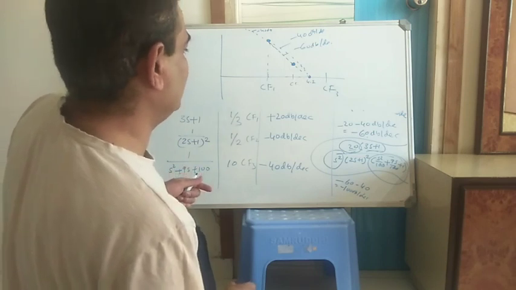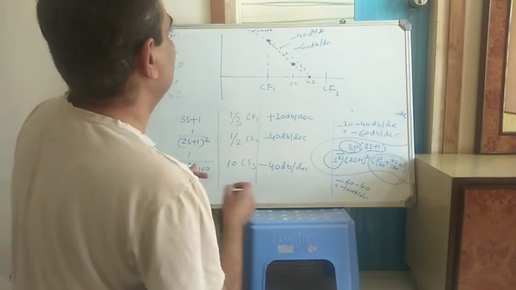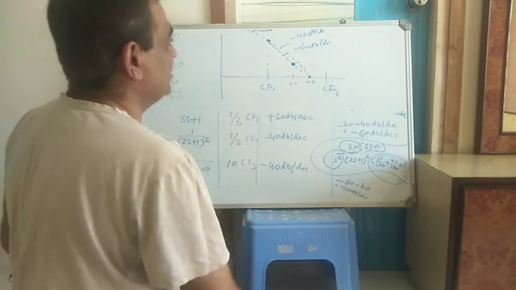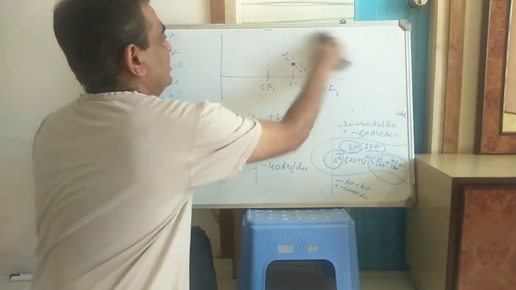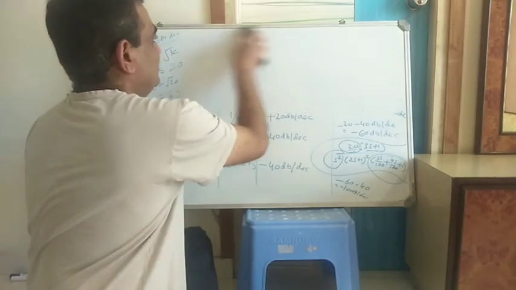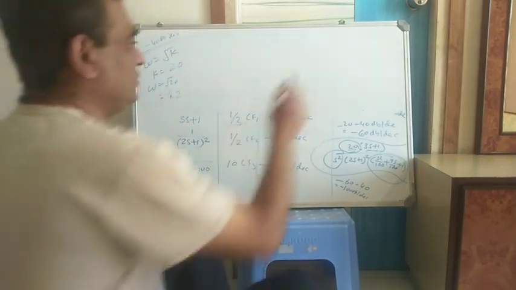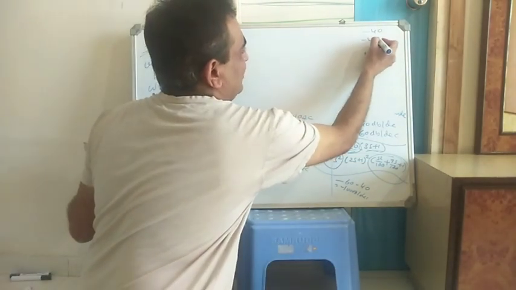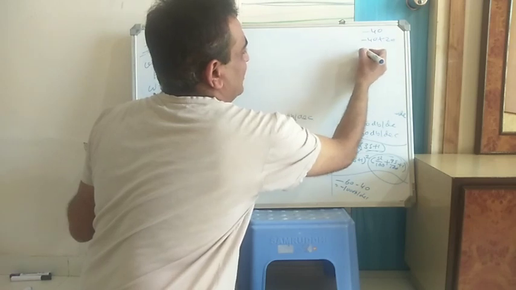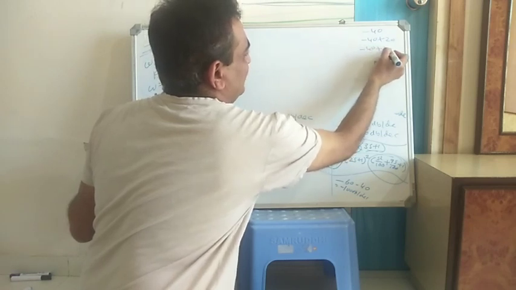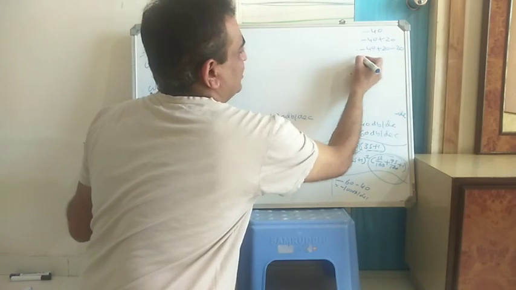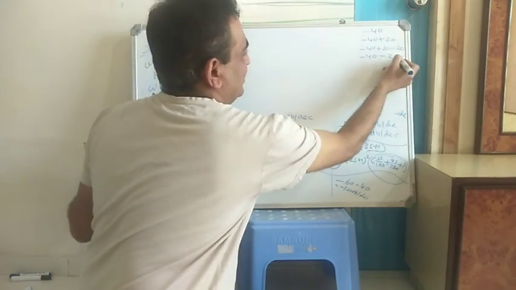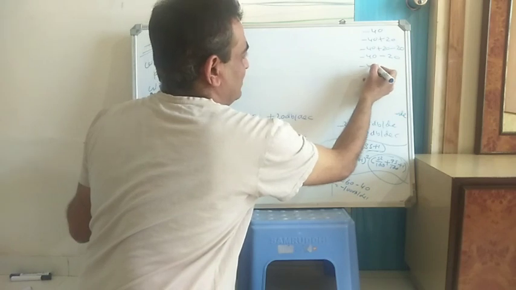We forgot about something: actually it was not minus 60, earlier the slope was minus 40, then plus 20 it was there. Let me do it again. If you remember the table, earlier the slope was minus 40, then minus 40 plus 20, then minus 40 plus 20 minus 20, then minus 40 minus 20.